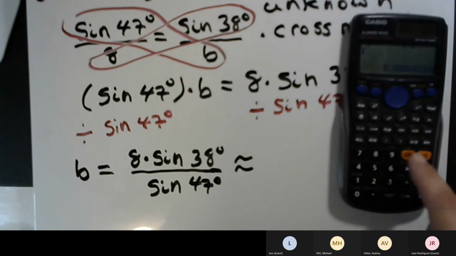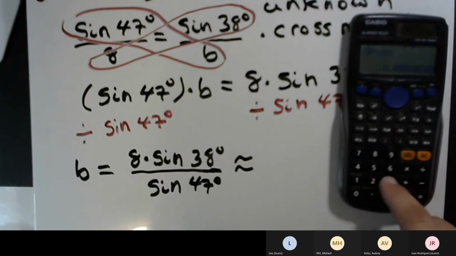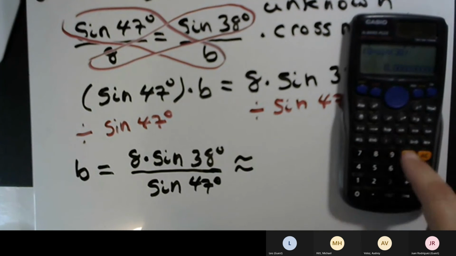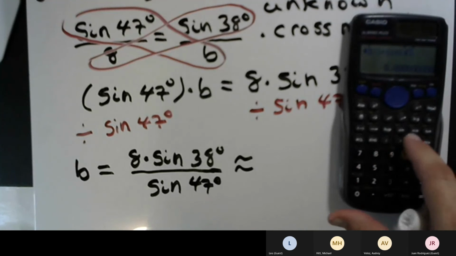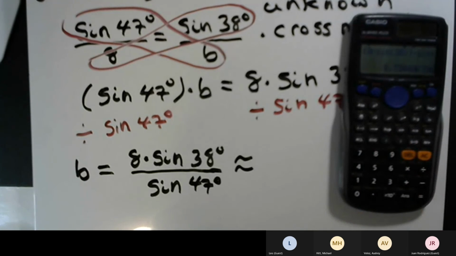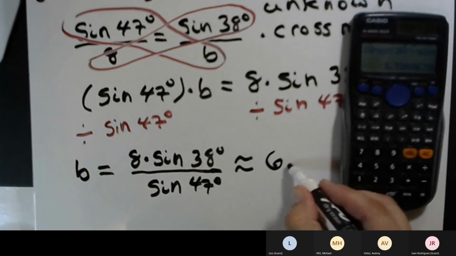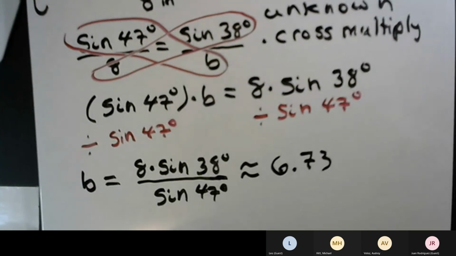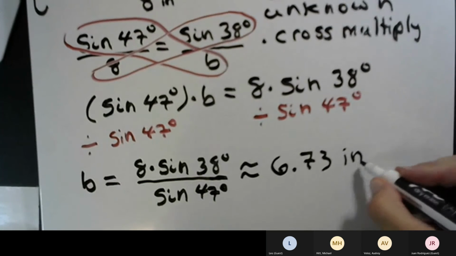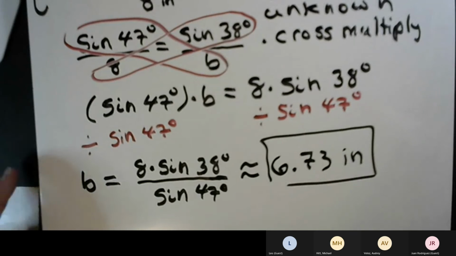I put some parentheses. Parentheses never hurt. 8 times sine 38, close, close, divided by the sine 47, close. And so rounding to the hundredth, b is going to be 6.73. And since this was inches, that's going to be 6.73 inches.